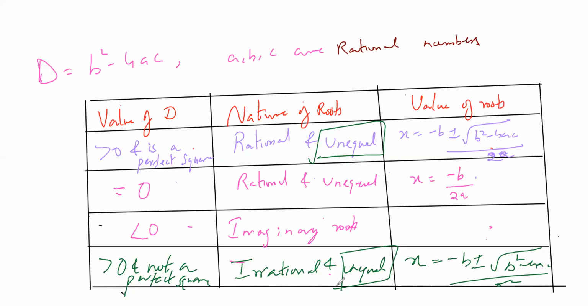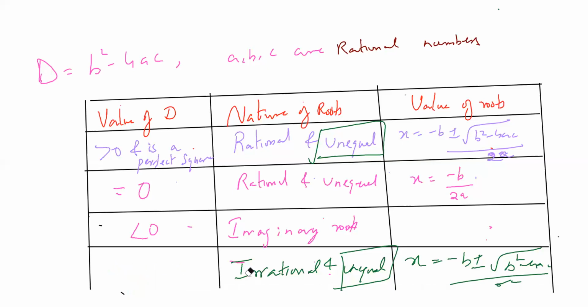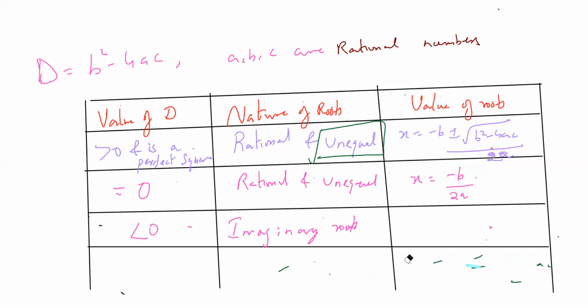If you finish this thing, let me know, both of you. But the last row is not clear. Okay, fine. Sorry for that. I'll just erase it one more time. See, greater than 0 and is not a perfect square.